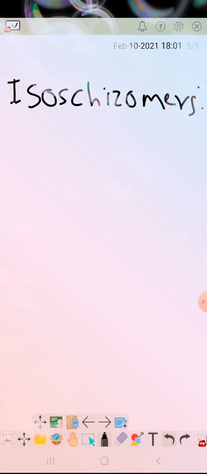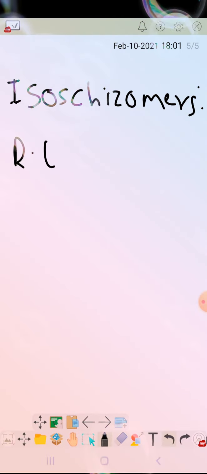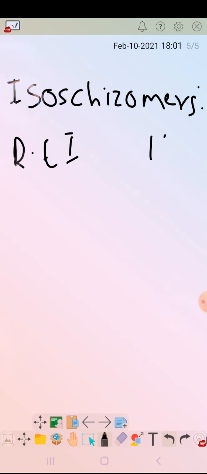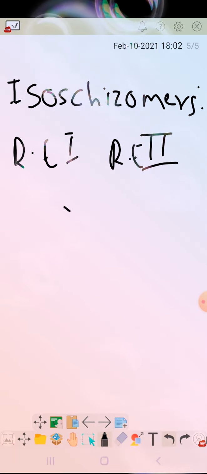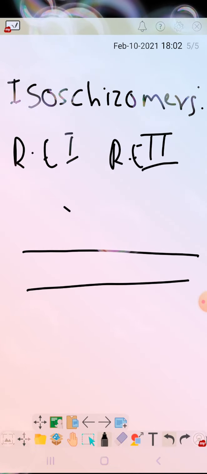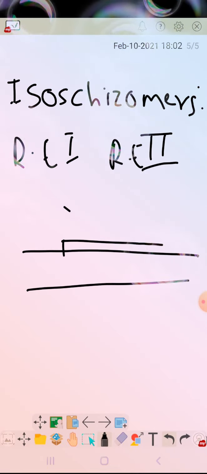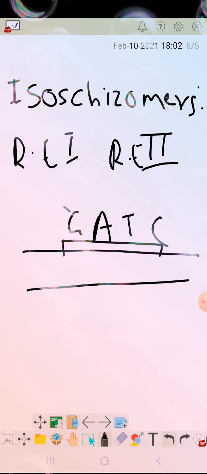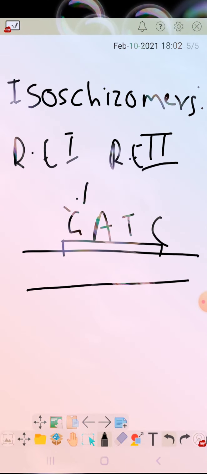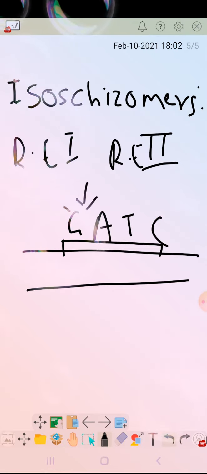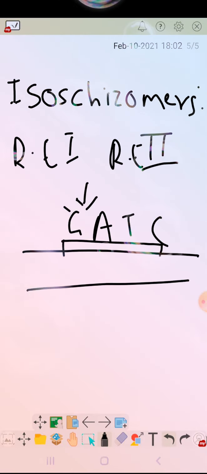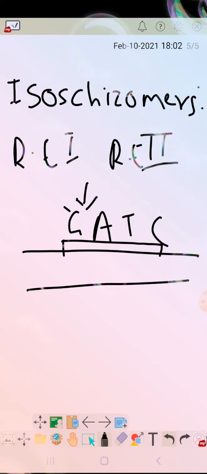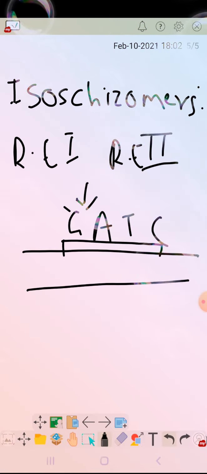Suppose there is one restriction enzyme 1 and there is another restriction enzyme 2. Both restriction enzymes recognize the same sequence, same restriction site, and they cut at the same position. Suppose GATC. Both will recognize this site and cut in the same position. Such restriction enzymes are known as isoschizomers of each other.